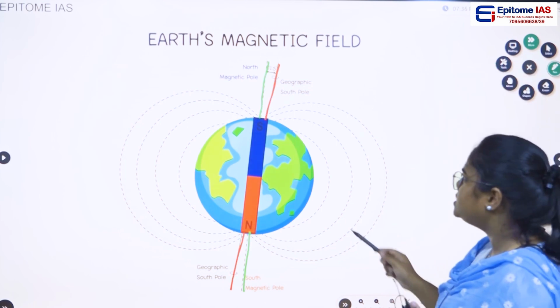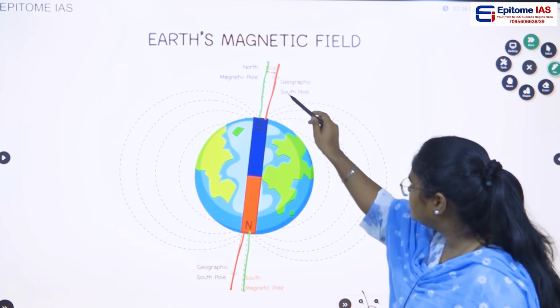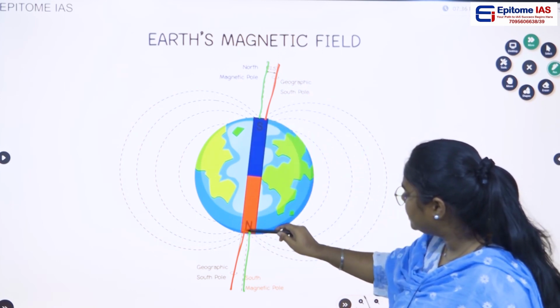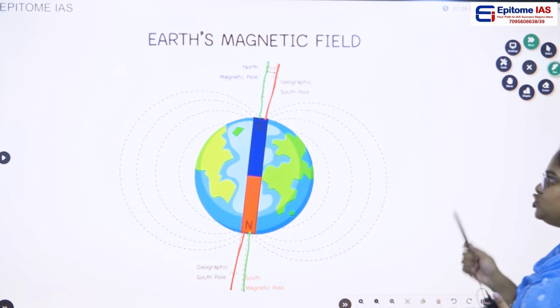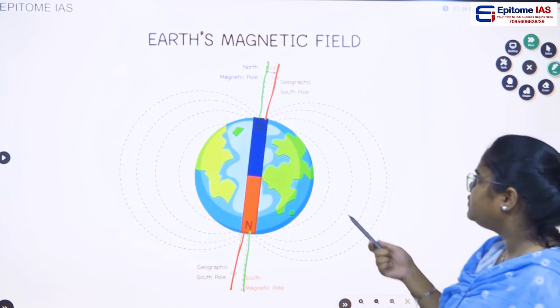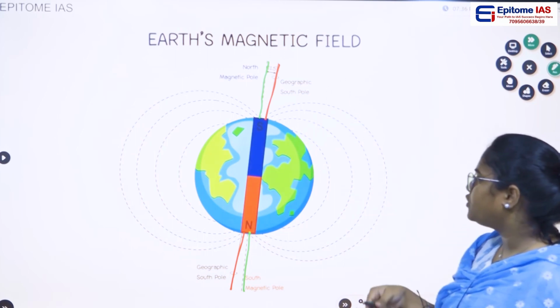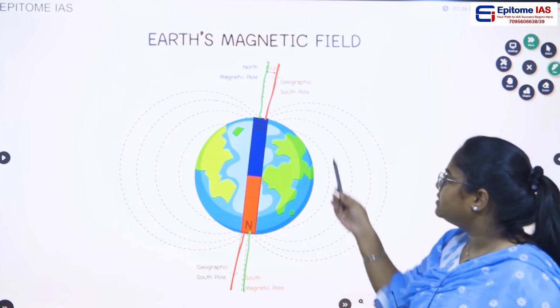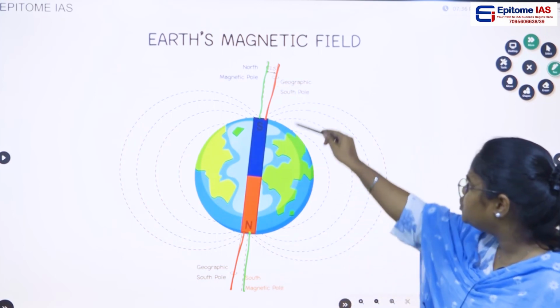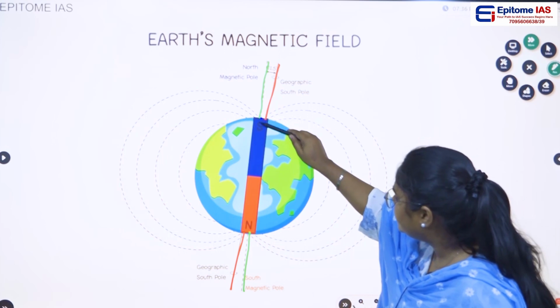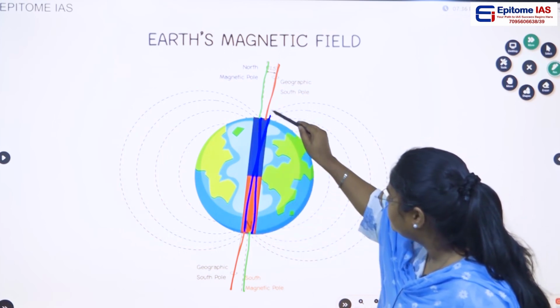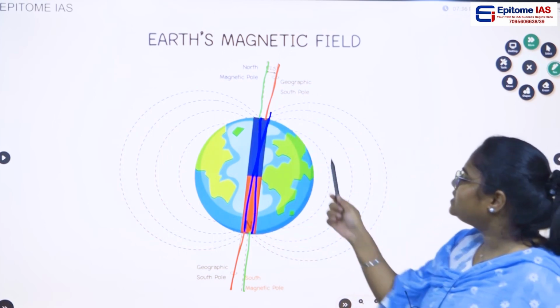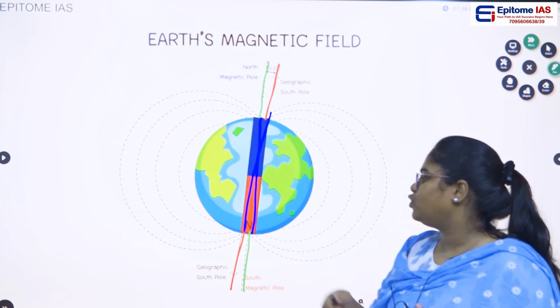This red color line is nothing but the geographic pole. So we have the geographic North Pole and South Pole, and the green color line you can see would be connected like this. The green line and the red line would be connected like this. So the green color line is the magnetic pole.